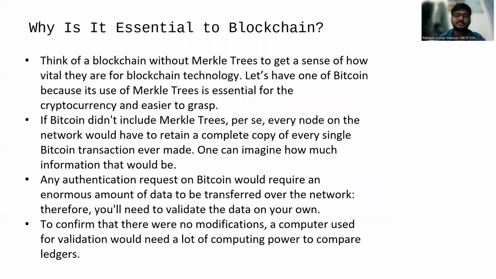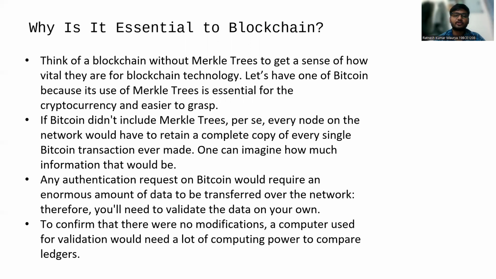So why is it essential to blockchain? The Merkle tree is essential, so let's think about blockchain without the Merkle tree. To get a sense of how vital they are, let's take Bitcoin as an example, because it uses the Merkle tree, which is essential for the cryptocurrency, and it is easier to grasp. Consider the scenario if Bitcoin did not include a Merkle tree.